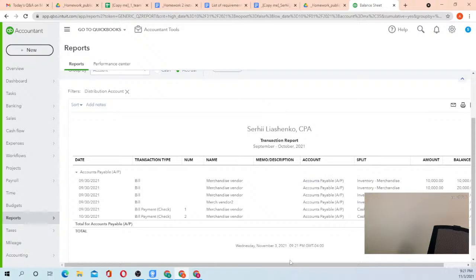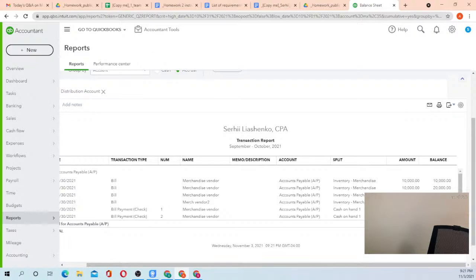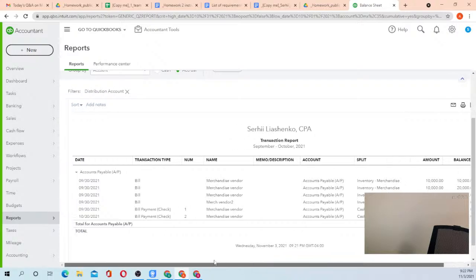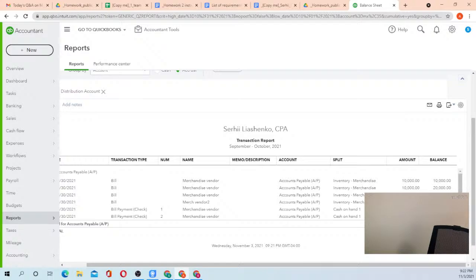And you might see that we only paid, so this was bill payment. We only paid 15,000 in our accounts payable. But let's see.